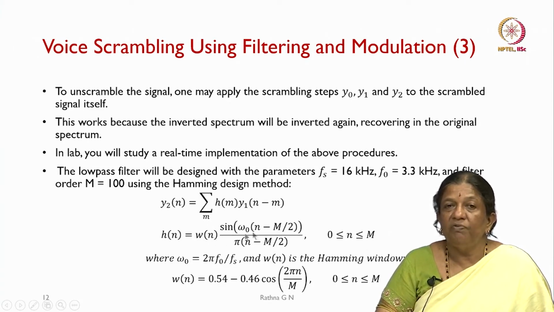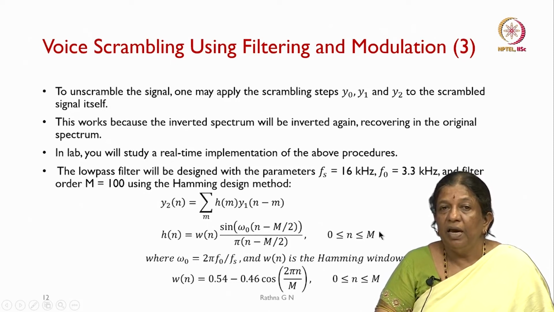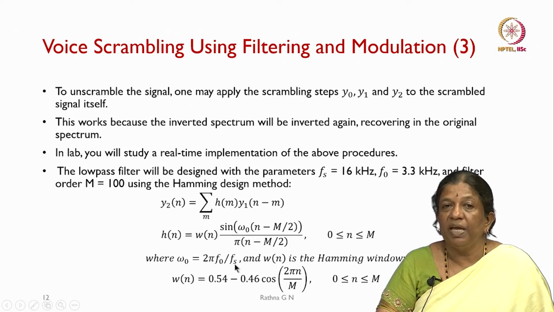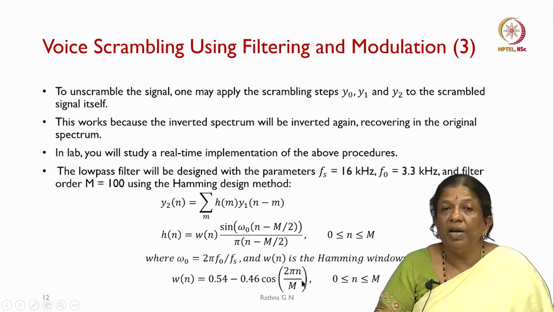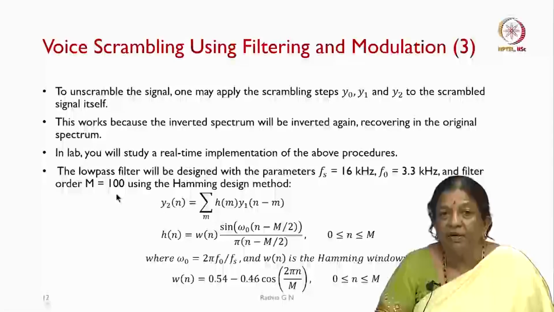So, this is w of n into sine of omega naught times n minus m by 2, whole divided by pi into n minus m by 2. Here n is between 0 and m, and omega naught is given by 2 pi f naught by fs, in this case 3.3 divided by 16 kilohertz, and w of n is the Hamming window given by this equation. So, n will be between 0 and m, whatever we have designed. In this case we have assumed it as 100.